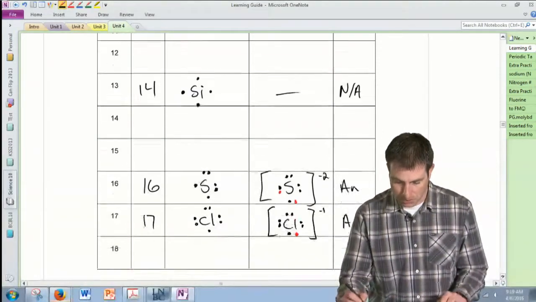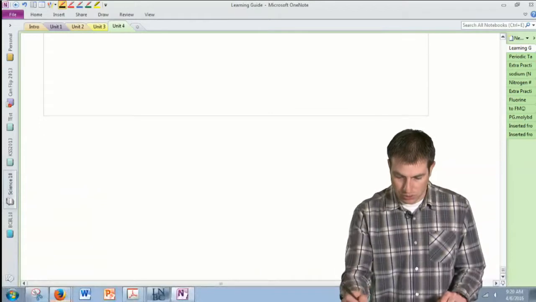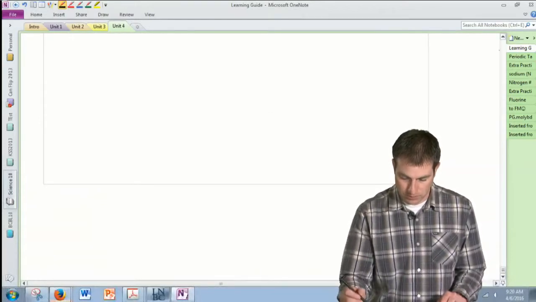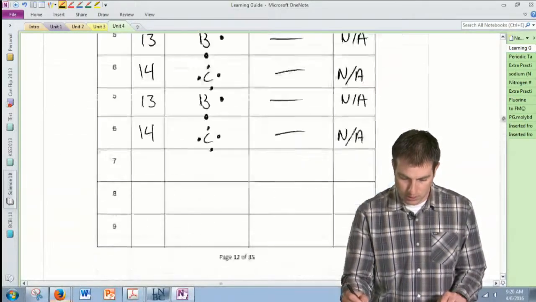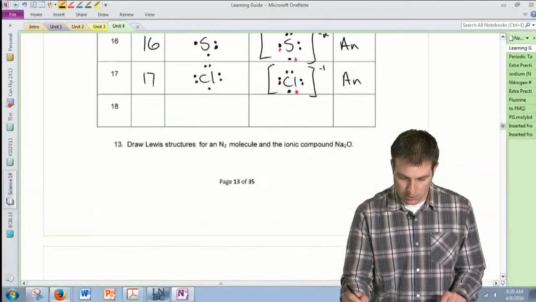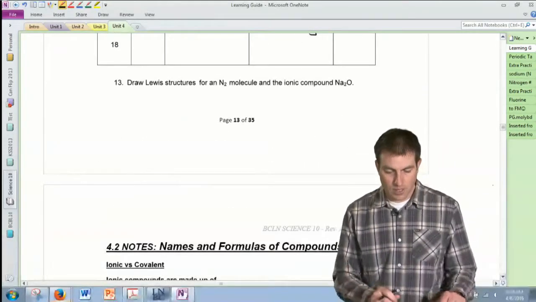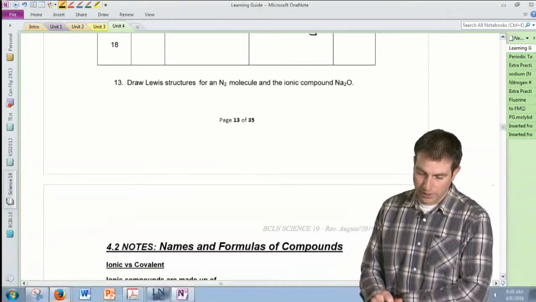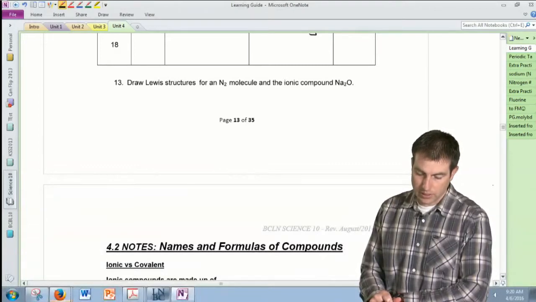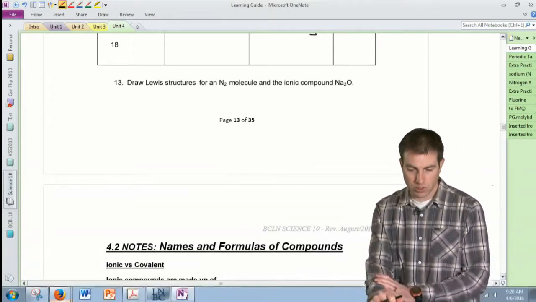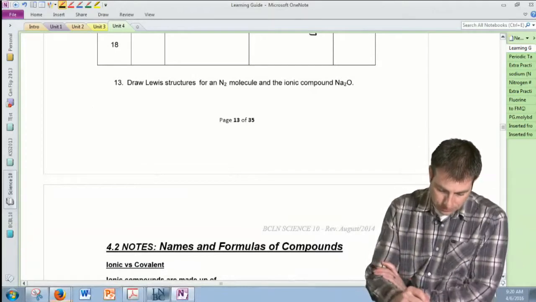All right, let's look at number 13 here. Draw a Lewis structure for an N2 molecule in the ionic compound Na2O. All right, let's start with nitrogen.